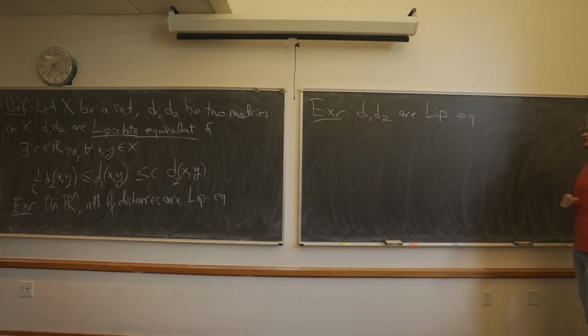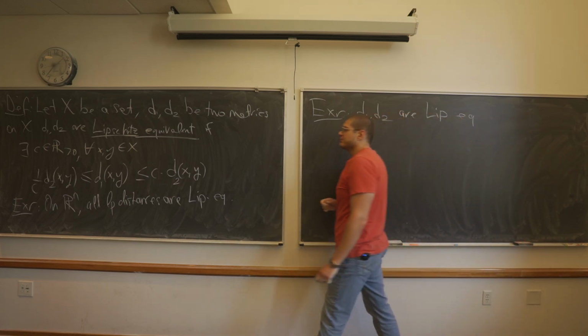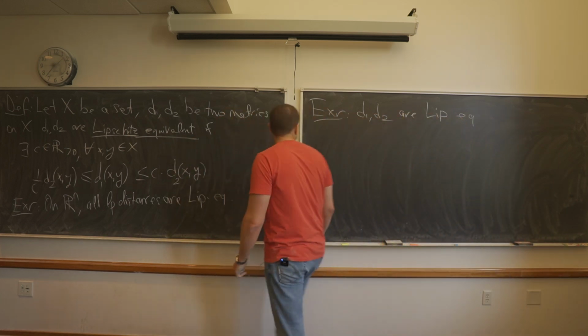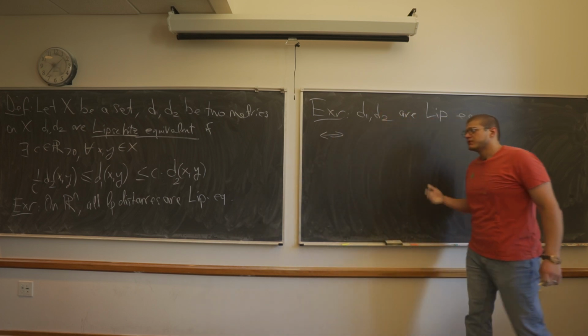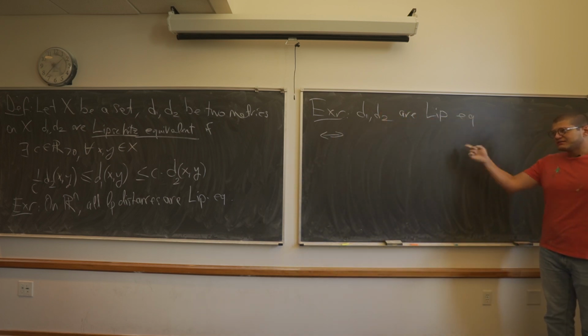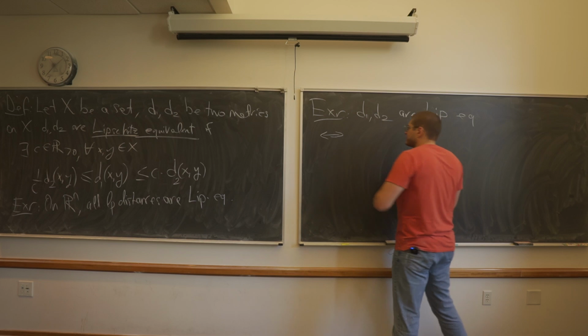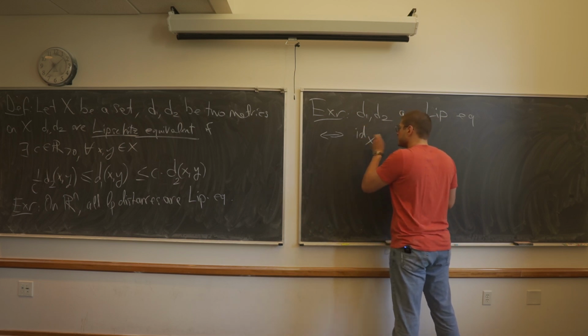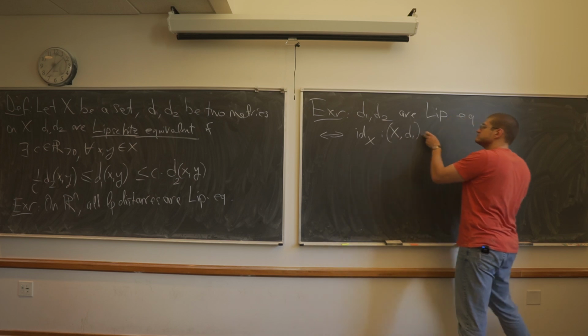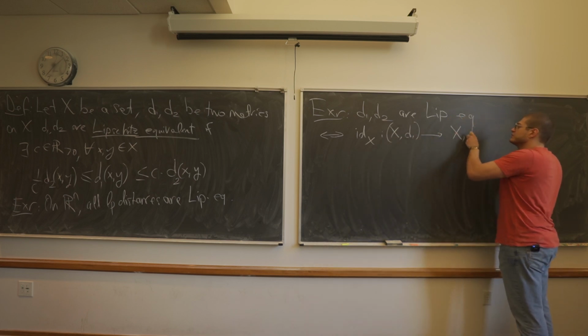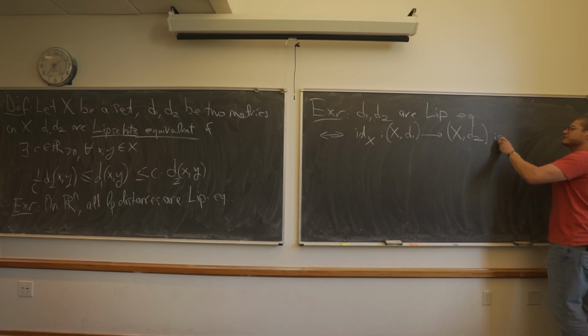D1 and D2 are Lipschitz equivalent if and only if the identity map from X to itself is biLipschitz. So it has an inverse. I'm saying it's Lipschitz both ways. The identity function from (X, D1) to (X, D2) is biLipschitz.